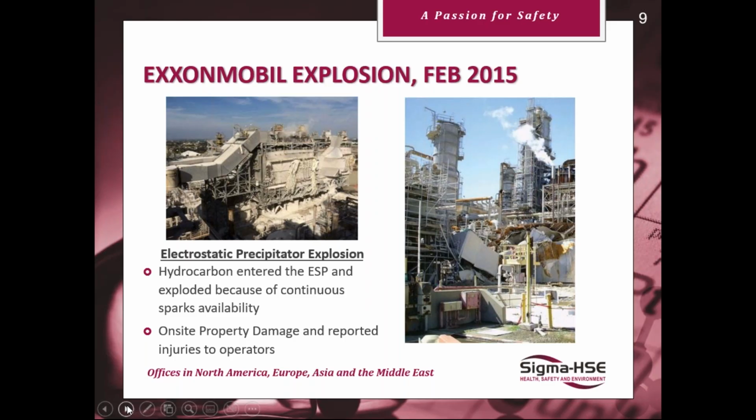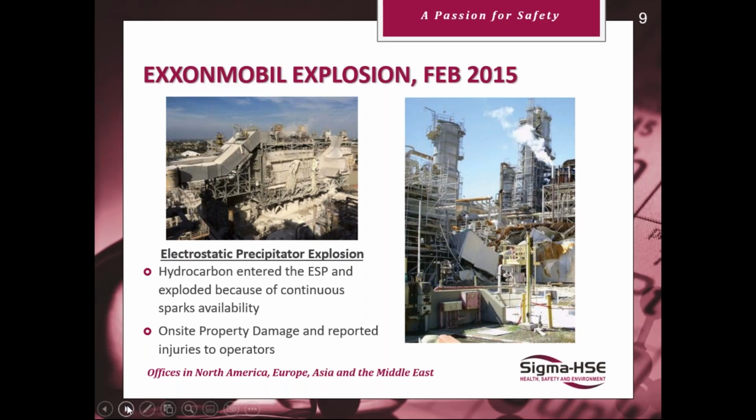ExxonMobil explosion, February 2015. This happened in, of all places, an electrostatic precipitator. In this case, we knew you were going to get sparks because it's an electrostatic precipitator. So you knew there were going to be continuous sparks available at all times. The idea here was to prevent any flammable vapor entering this area.